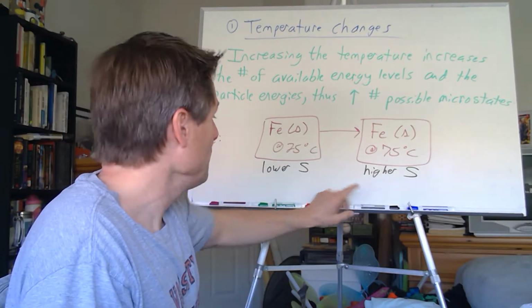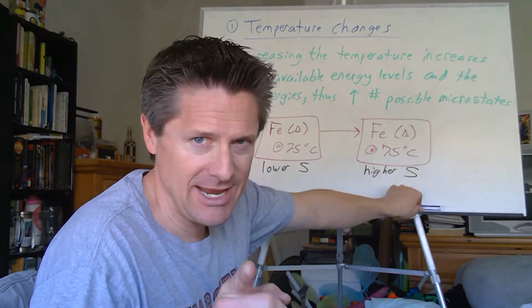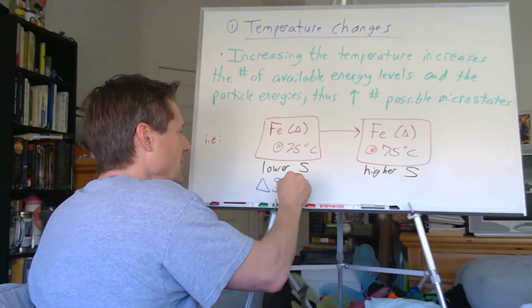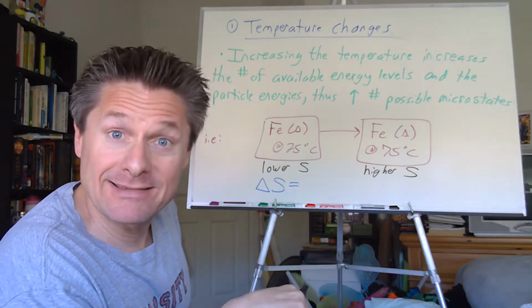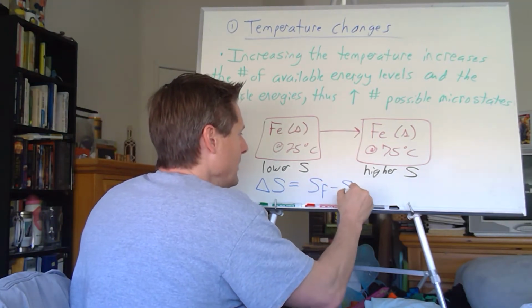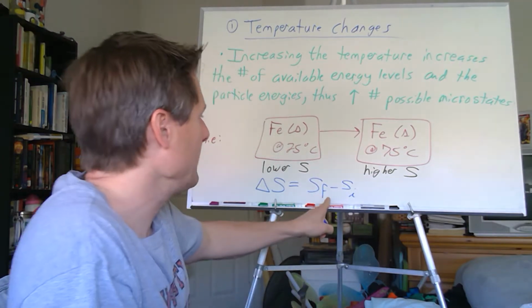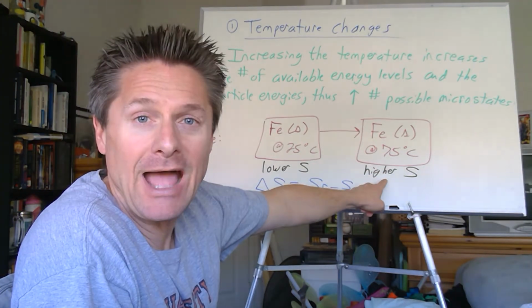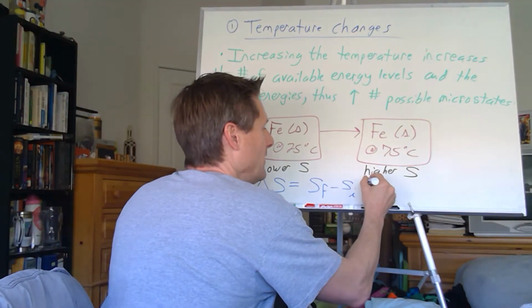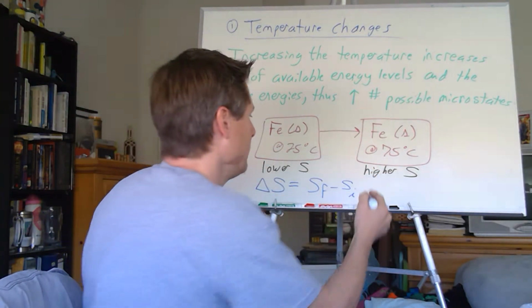But just in general, and we're looking at the change, right? So remember, a change is the final minus the initial, right? So that'll be the final state minus the initial state. So if the final state is higher entropy than the lower state, then this will be a positive value, right?